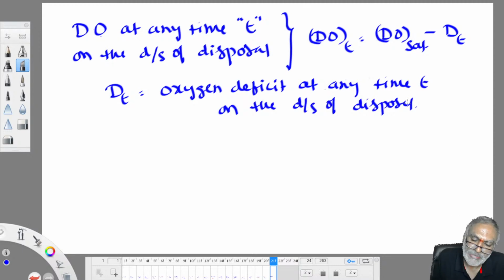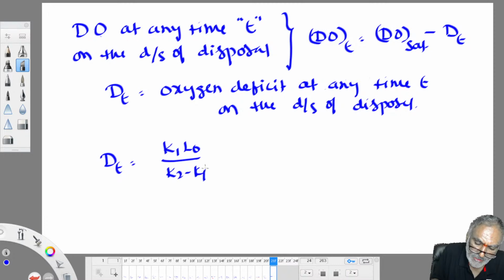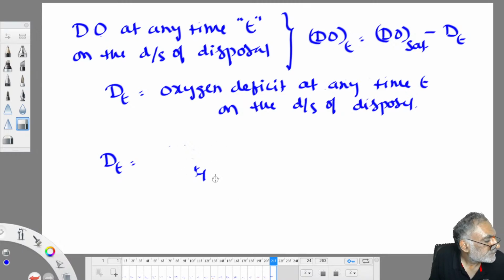To find this oxygen deficit, there is one big equation. That equation they will not ask. It is called the Streeter-Phelps equation.